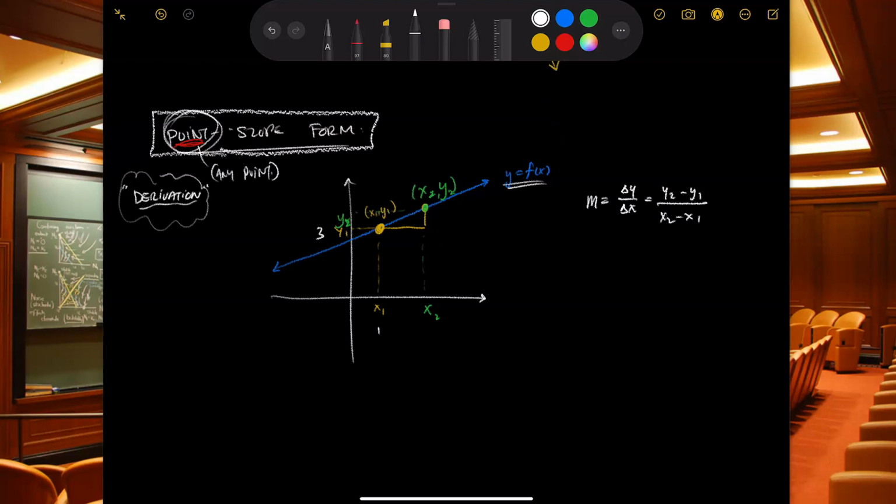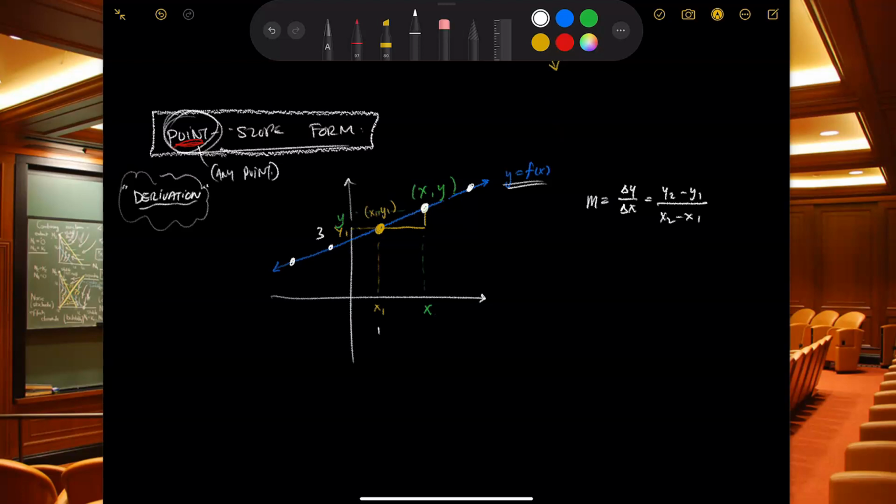So instead of fixing this x2, y2 point, let's say I wanted to do this in general for any x, y pair. Maybe it's up here, maybe it's down here, maybe it's right here, or maybe it is this one right here. So instead of fixing it and calling it x2, y2, we'll call it just general x and y, which means that we're letting them change.